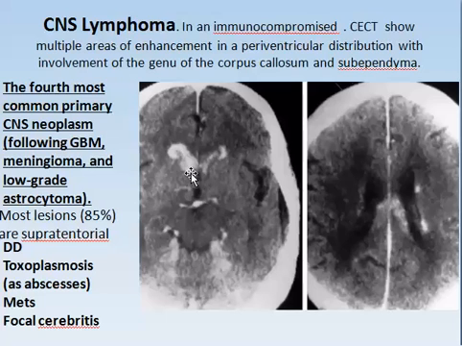So it is genu and subependymal, periventricular enhancing masses. Notice that they are seen on either side.